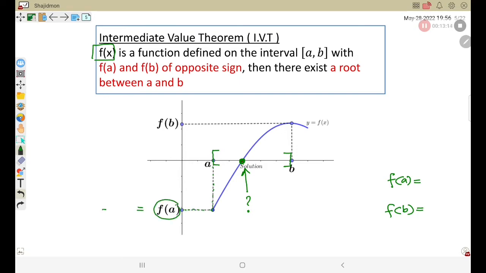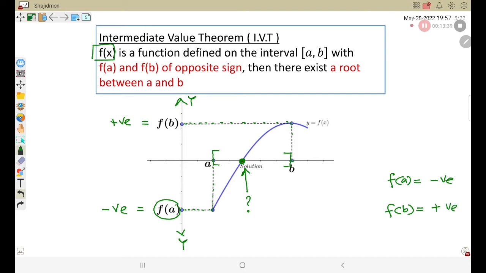This y value should be a negative number because it is in the negative y direction. And at b, f of b, this y value is positive because it is going in the positive y direction. So f of a is a negative number and f of b is a positive number.